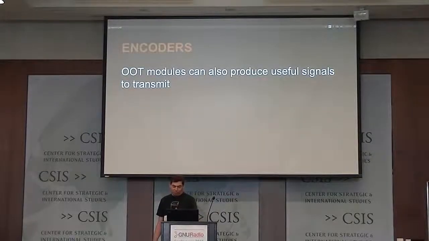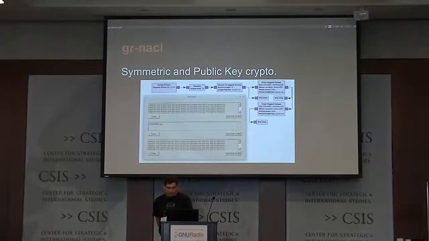Okay, so we've got data out of the world and into our flow graphs. Sometimes we want to generate flow graphs and put things into the world. And not everybody's meant to read everything, so I was quite pleased to see gr-nacl. That was just a quick wrapper around the NaCl crypto library, and it's a super quick demo.